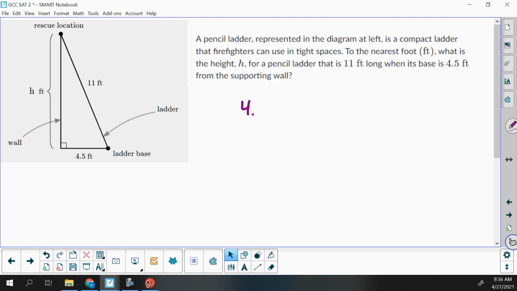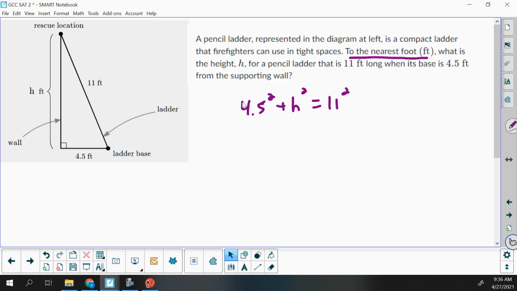So we've got 4.5 squared plus h squared equals 11 squared. And we'll give you a minute to see if you can solve that. Notice they want us to round to the nearest foot in the end.